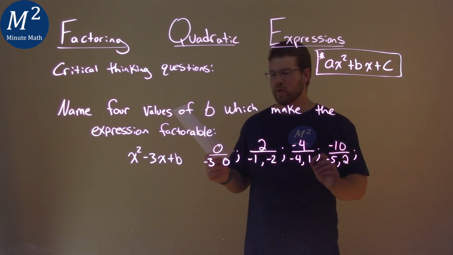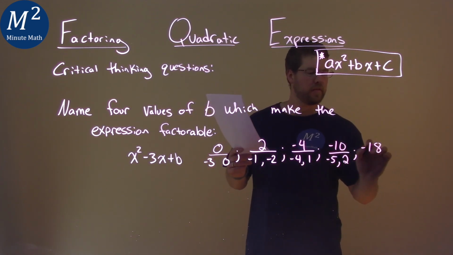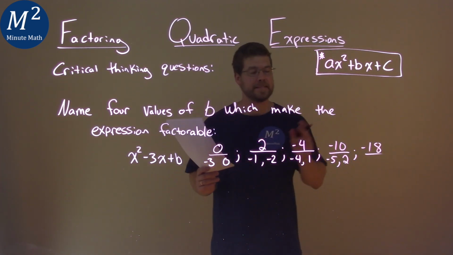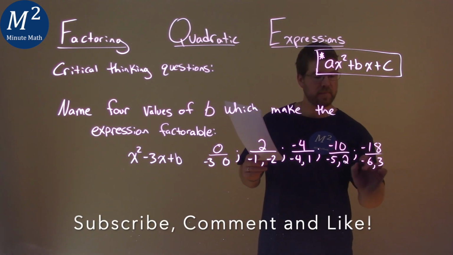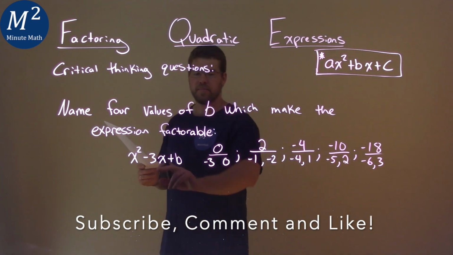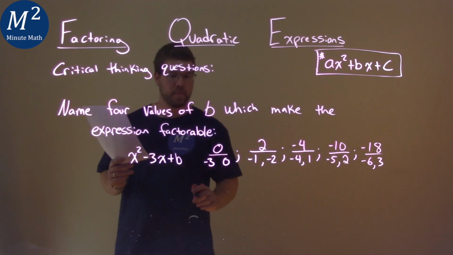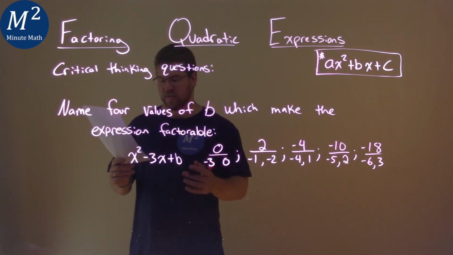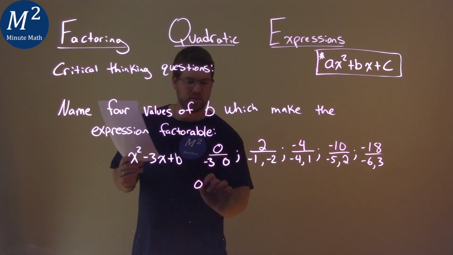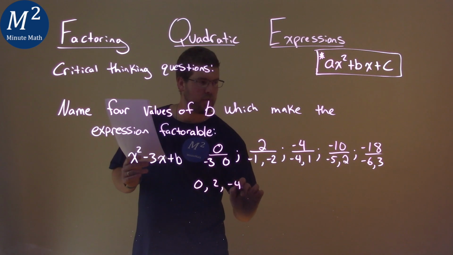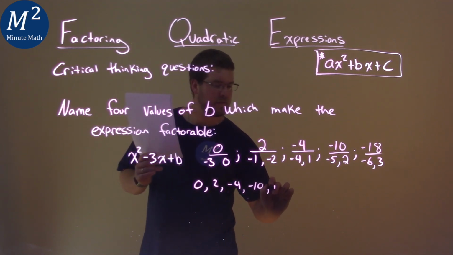And let's go one more, even though I said 4. Let's keep going on this gravy train. Negative 18. Negative 18 is a negative 6 times a positive 3. And we add those two values together and we get a negative 3. And actually, there's many answers here. So I would add 0, negative 4, negative 10, and negative 18.